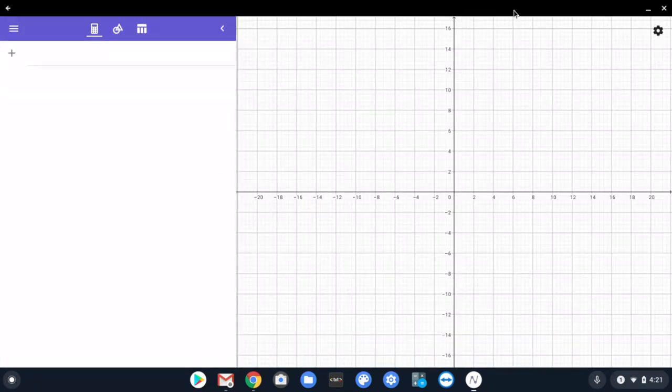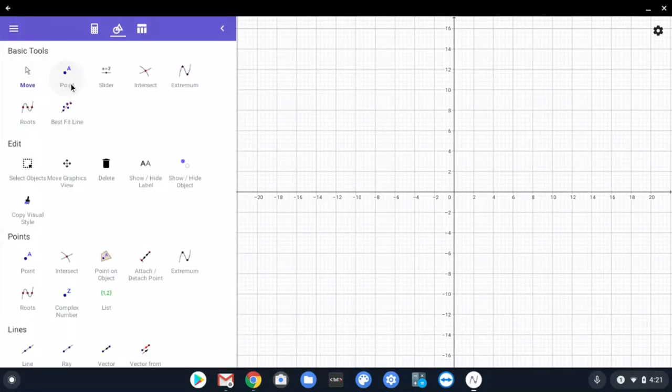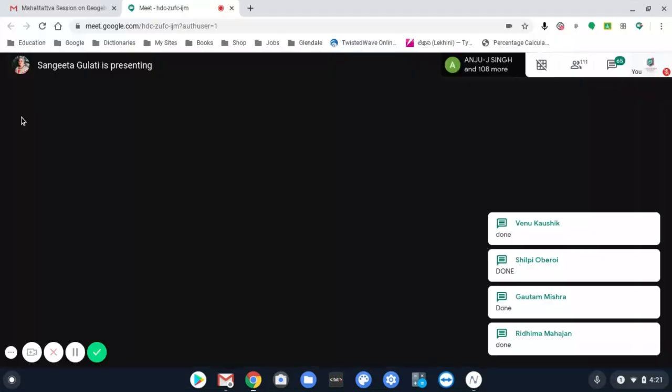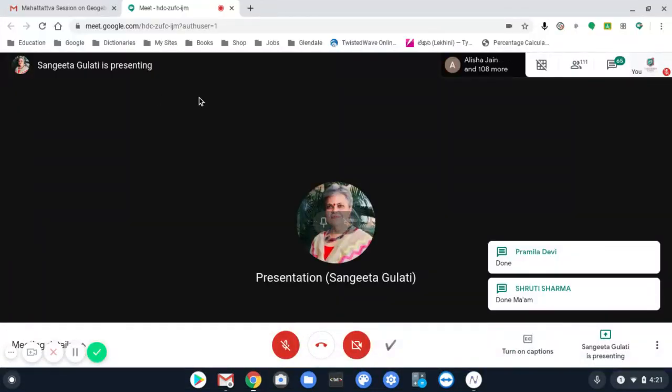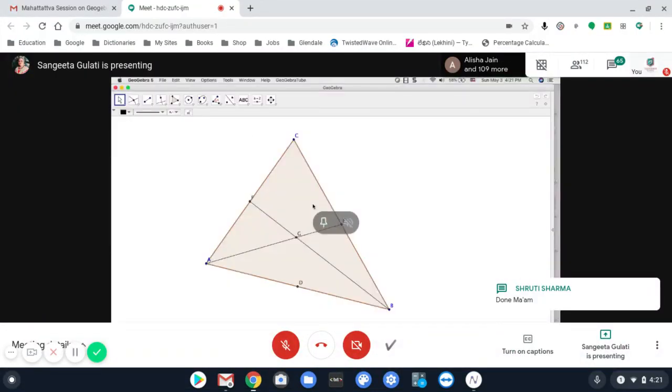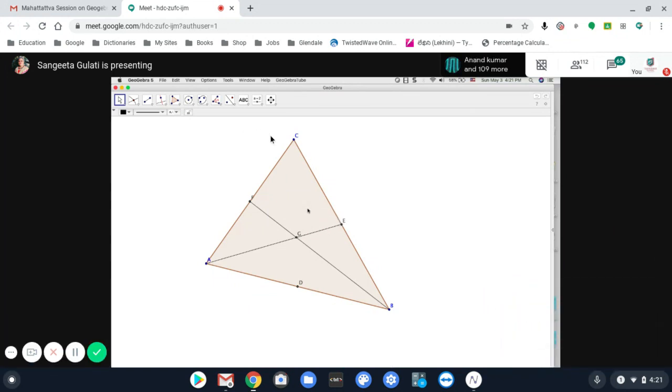When I click on, say, this median CD, and right click and deselect show object, then that median gets removed or hidden, not deleted. When you delete something, then everything that depends on it will also get deleted. Like here, I had accidentally clicked on the object which was the entire triangle, and that got hidden.